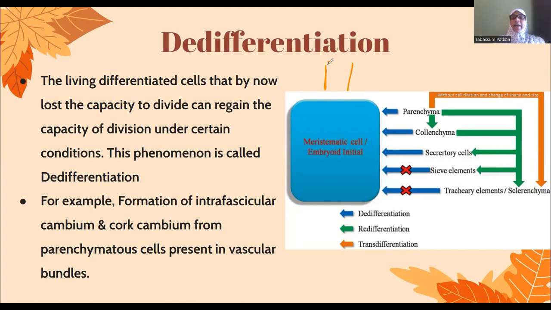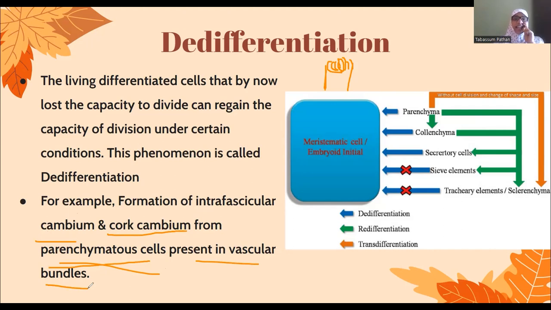You have the epidermis layer, then the cortex, then the cambium, and in the middle you have the pith, which conducts the xylem and the phloem. This layer of cells, the cambium and cork cambium, can be formed from the parenchymatous cells. So there is formation of interfascicular cambium and cork cambium from parenchymatous cells present in the vascular bundles.